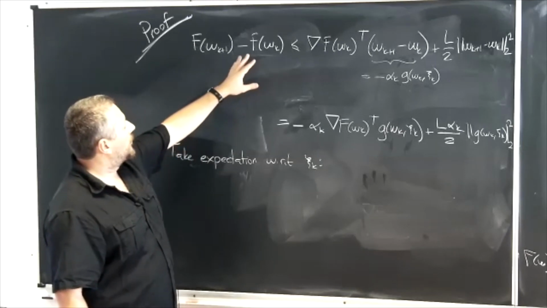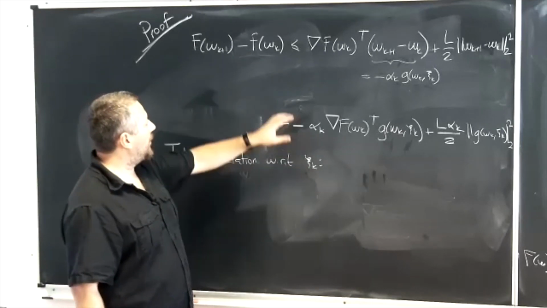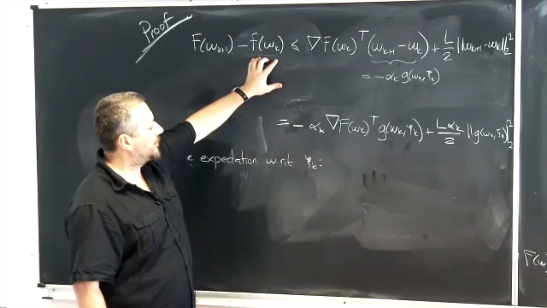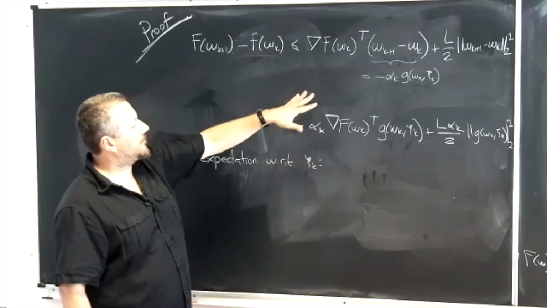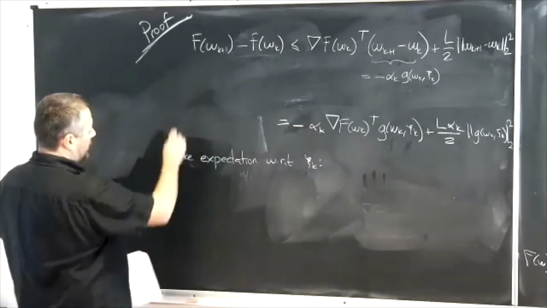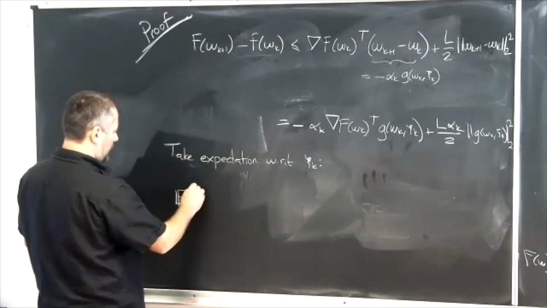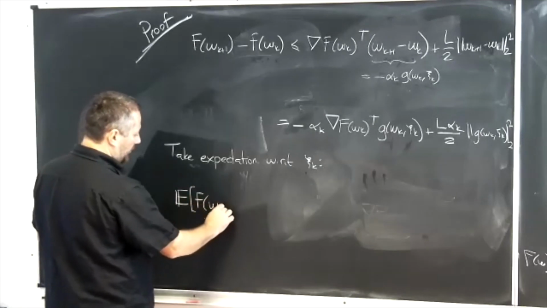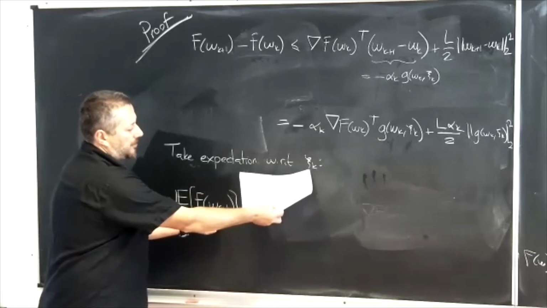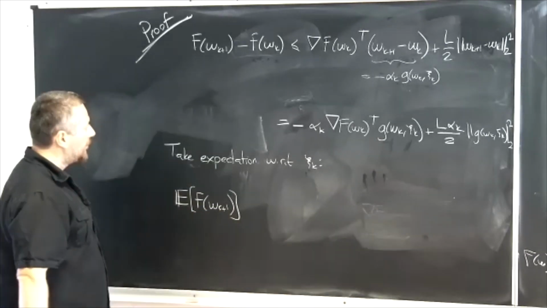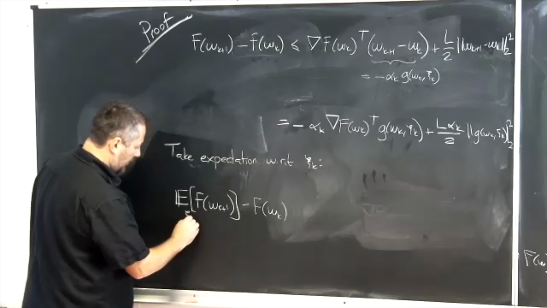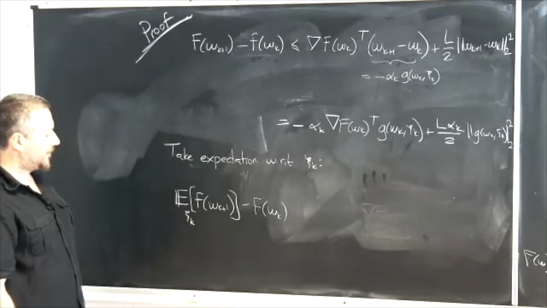So taking the expectation with respect to ξ_k, anything with ω_k is just a constant. So we take the expectation of the value at k plus 1, because this point is chosen using ξ_k, and the rest is just a constant for that expectation. This is the expectation with respect to ξ_k given ω_k.